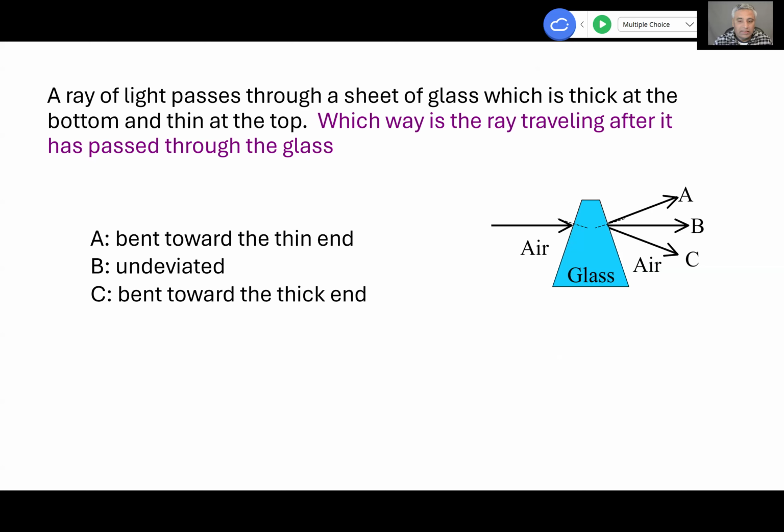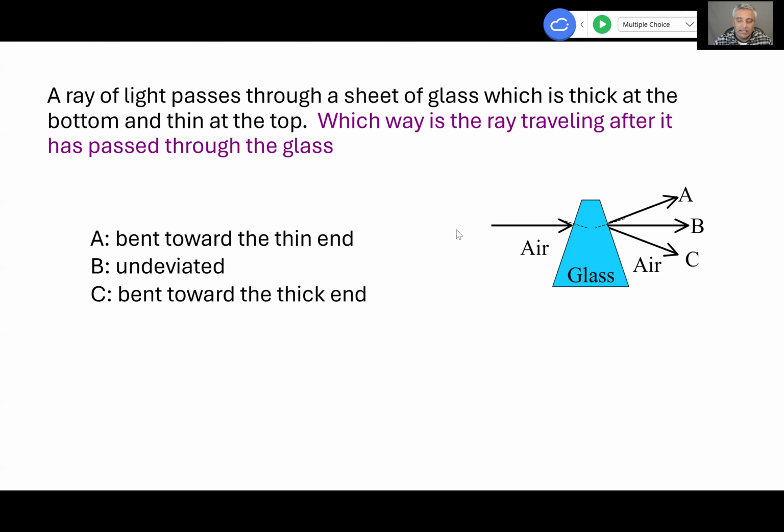So we learned that when light goes from a rare medium like air to a denser medium, or a medium with higher refractive index like glass, it bends towards the normal. And when it comes from glass to the air, it bends away from the normal.